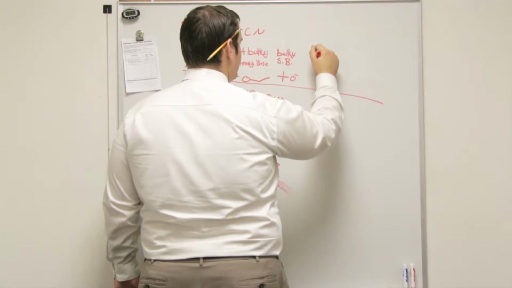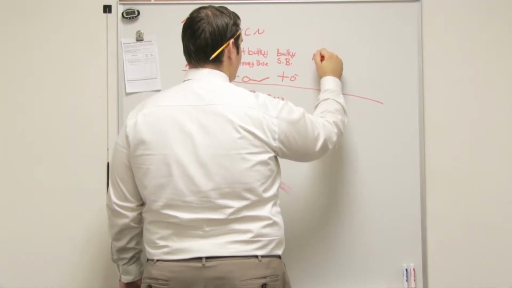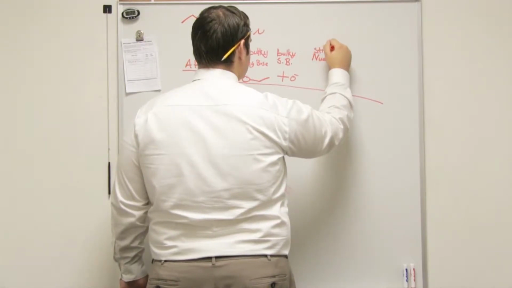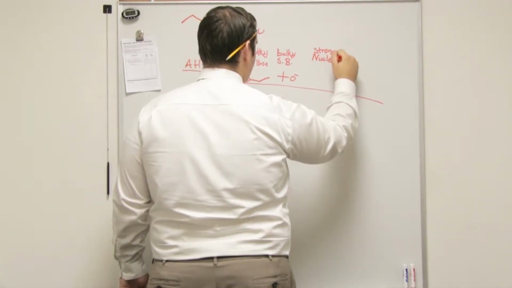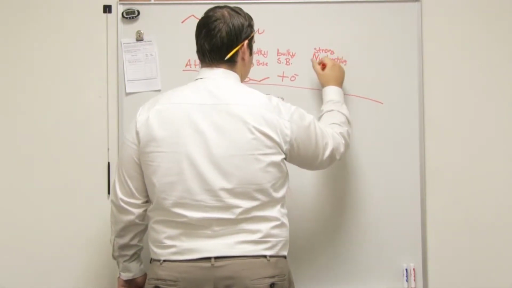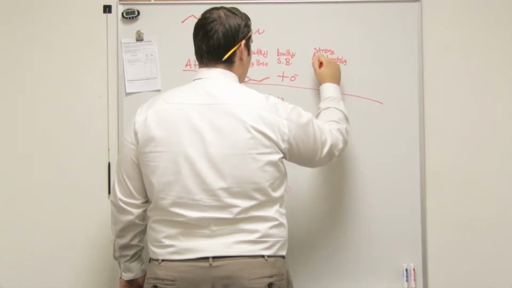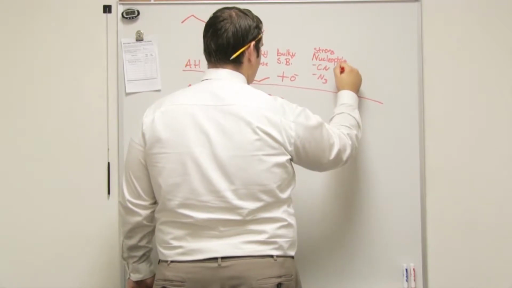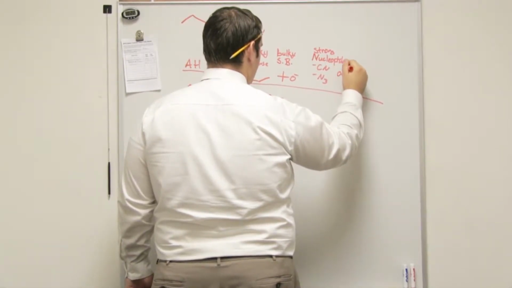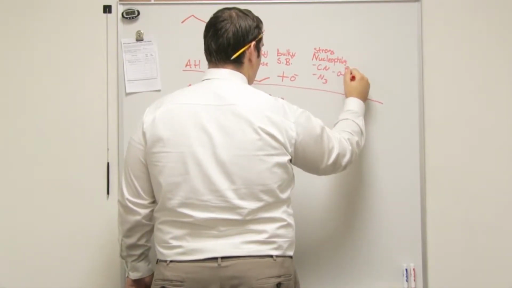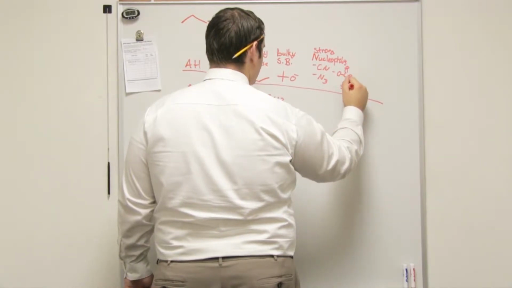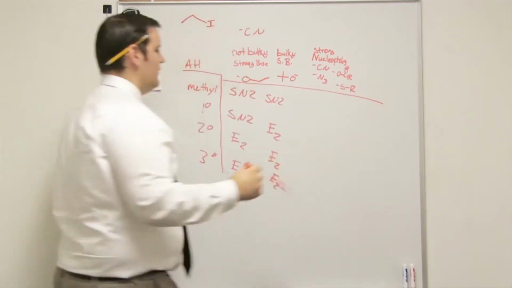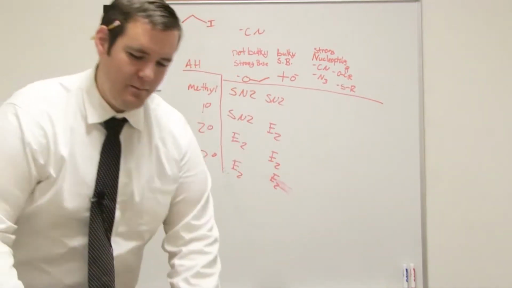So if you have good strong nucleophiles, weak bases, examples would be your cyanide, your azide, your carboxylate, like all the ones at the beginning of chapter 8.